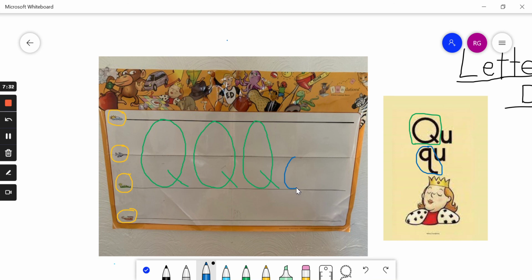Then go straight up to the plain line. Then trace back down to the worm line and give him a little tail. Whoop.